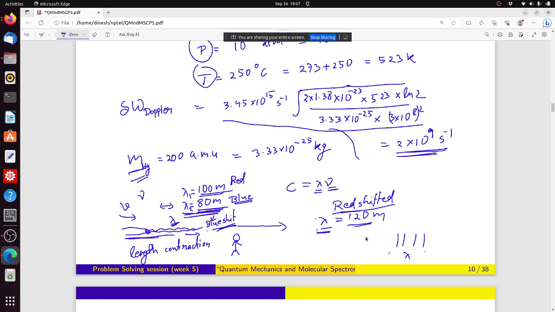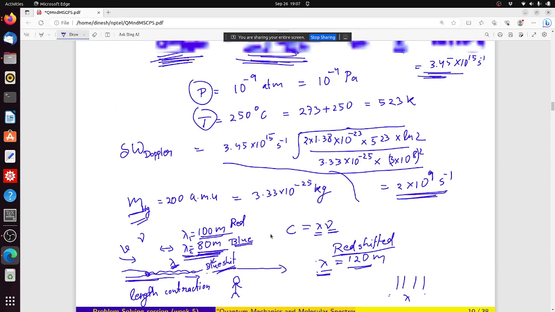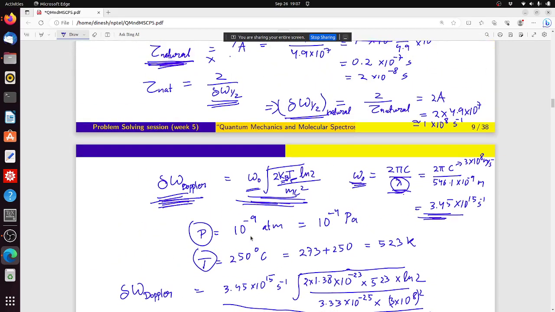From the chemistry point of view, I am not sure; maybe in the next class I will get you some answer about this Doppler line width. So this was taught in chemistry.